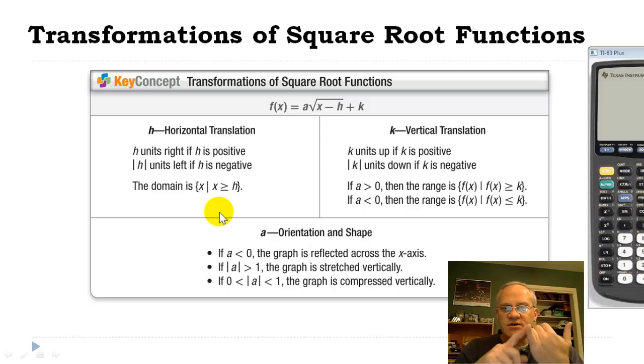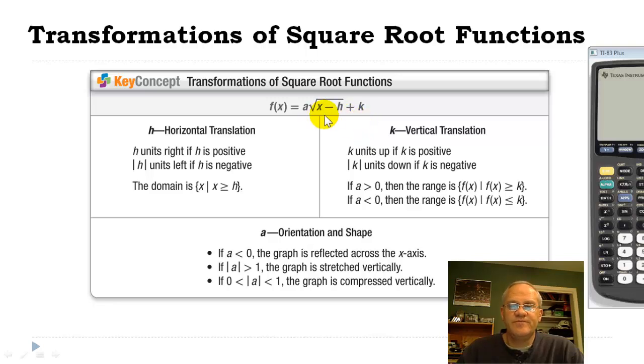Remember, we just talked about the parent function, and this is how you can transform a square root function. It's very similar to some stuff that we've done before. Remember the h and the k here and the a out front? From that parent function, this k tells you how far up or down it moves.